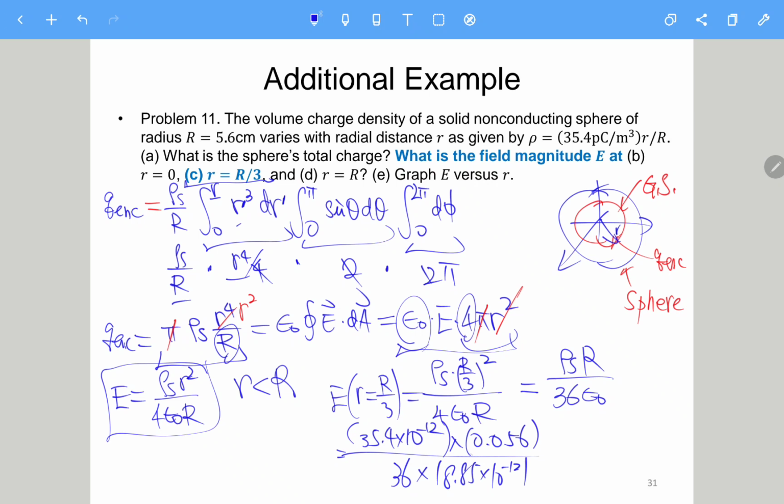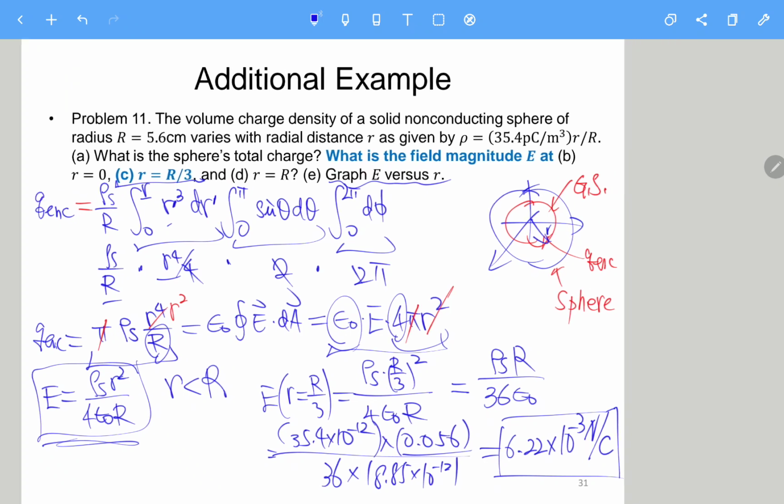Okay, so this number is 6.22 times 10 to negative third power Newton per Coulomb. Okay, so this is the answer to question C. This expression we will use in the final one, graph E versus R. Finally we will use it.